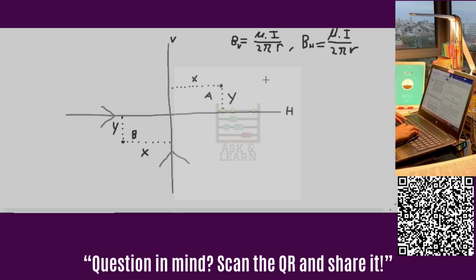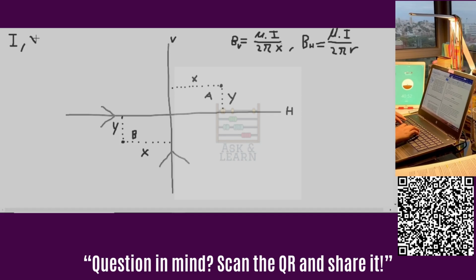So let's look at the equation for BV first. The wire V here at point A. V is a distance x from A. This is point A here. So we could replace r, in this case, with x, because x is our distance. That's a good point: we can keep track of everything we're given. We're told that both of the wires have the same current, and we're given the current.